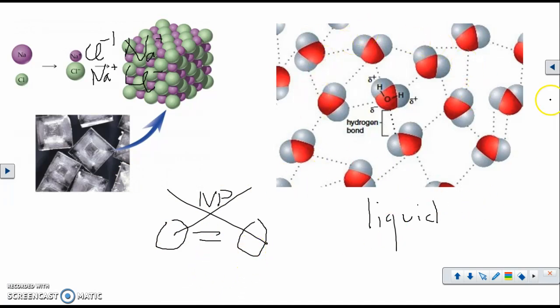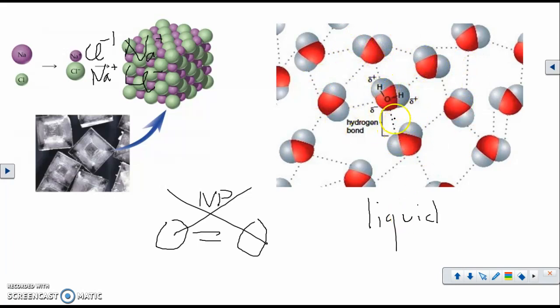So again, the stronger the interaction in the individual compounds, the stronger the interaction in the aggregate, in this case, groups of those compounds, okay? This is an example of two ions. This is an example of two polar molecules, all right?